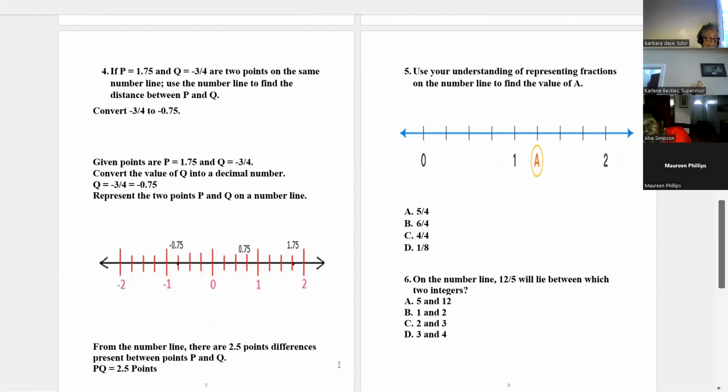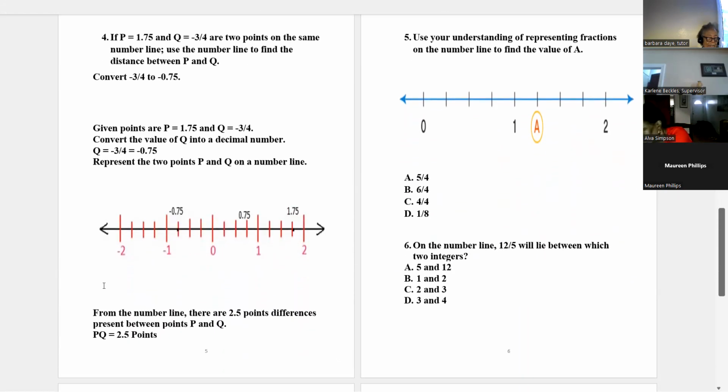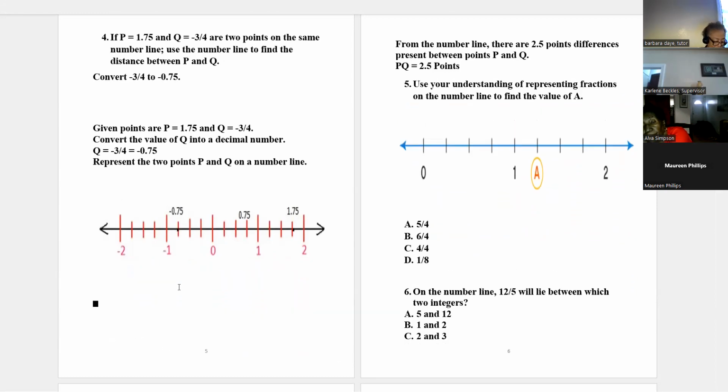And that's easier than really actually counting.